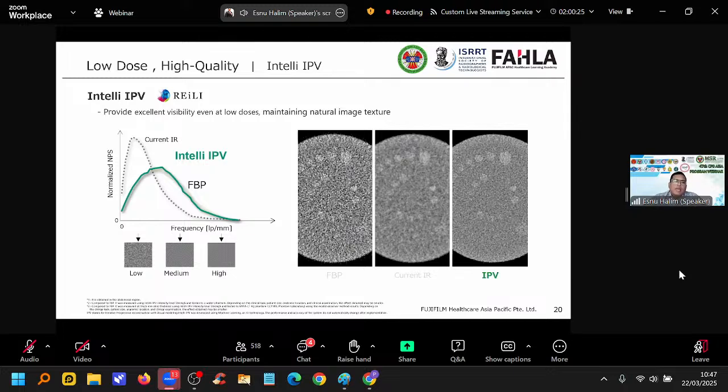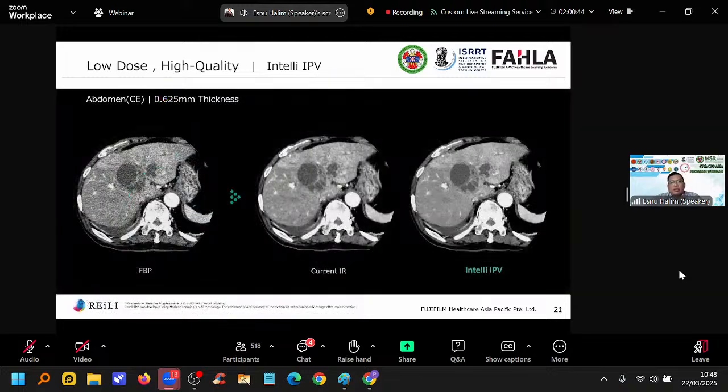So we are able to achieve the same, but in this case, with Intelli IPV, with the powerful noise reduction method, we can achieve detailed and sharp image quality with very low dose. Okay, so this is how it looks like.